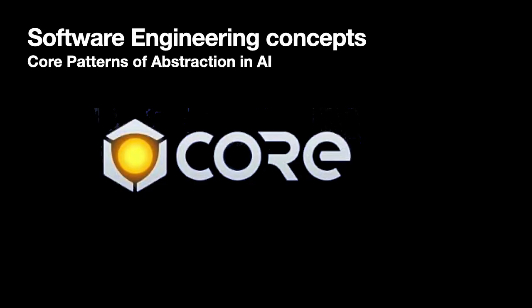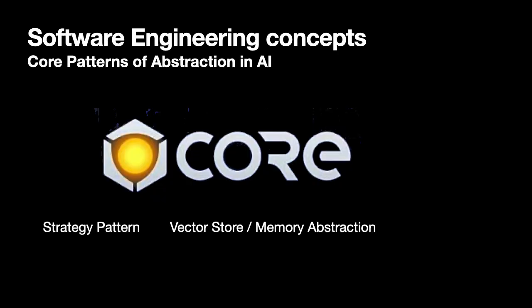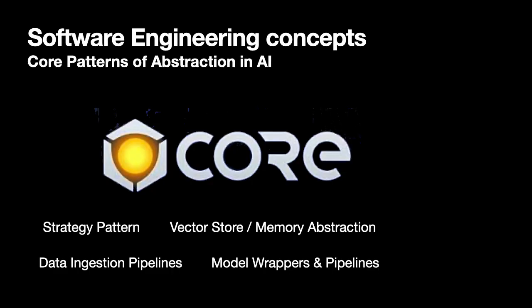The core patterns of abstraction in AI are strategy pattern, vector store memory abstraction, data ingestion pipelines, and model wrappers and pipelines.